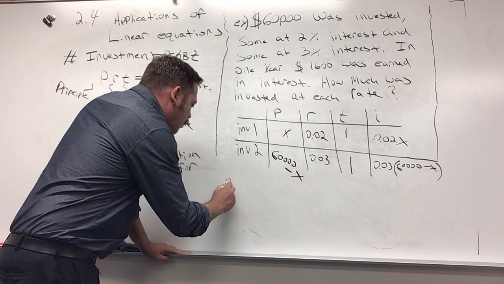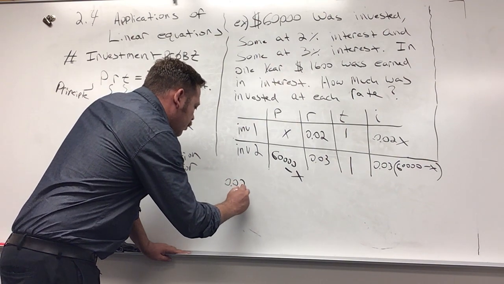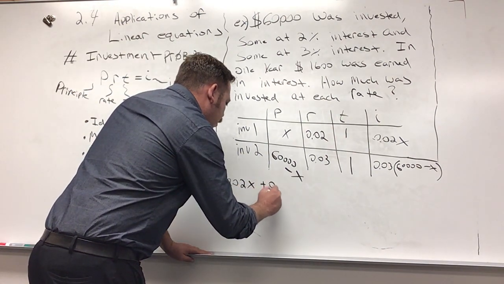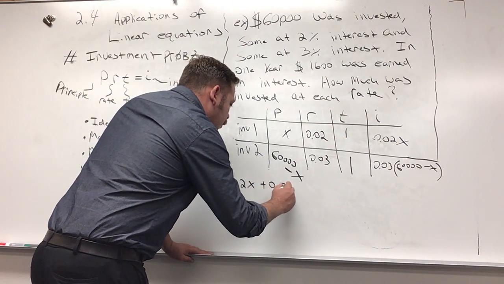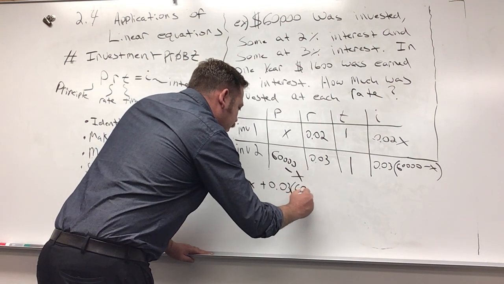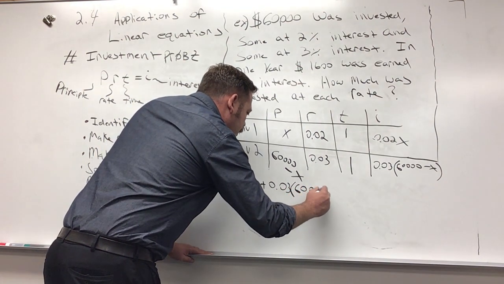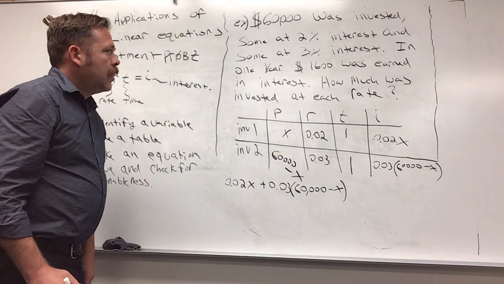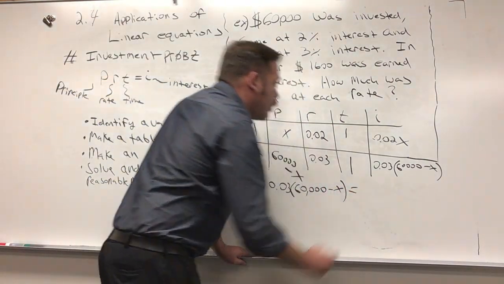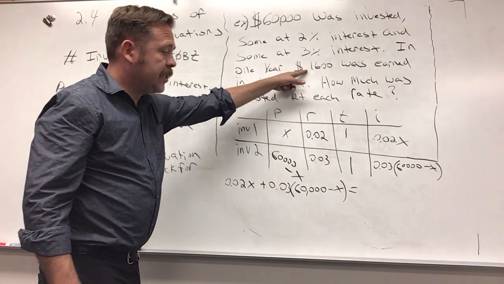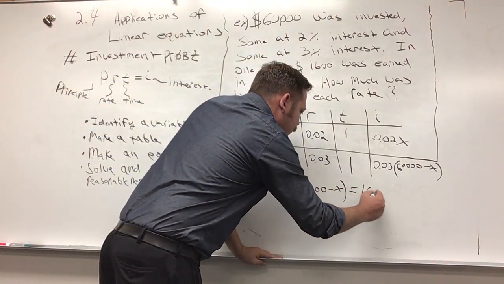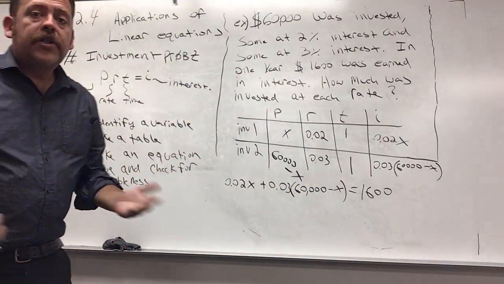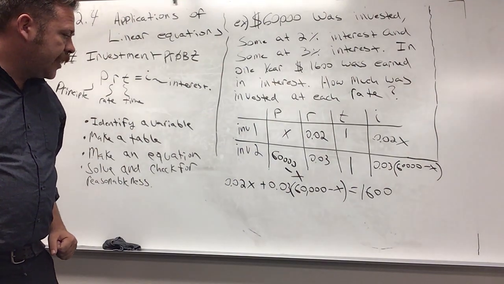So 0.02x plus 0.03 times 60,000 minus X equals the total interest earned of 1,600. Okay, so we go back to our steps of solving, which is we're going to distribute first, right?